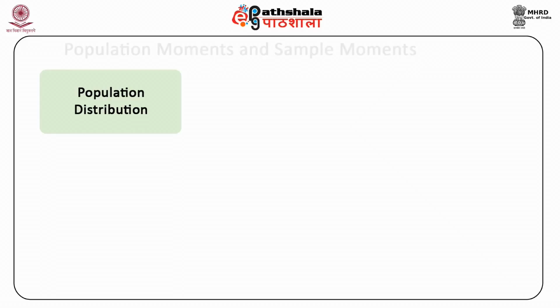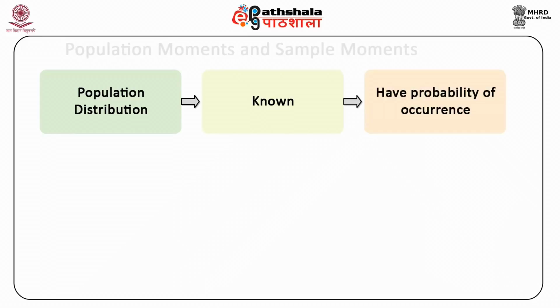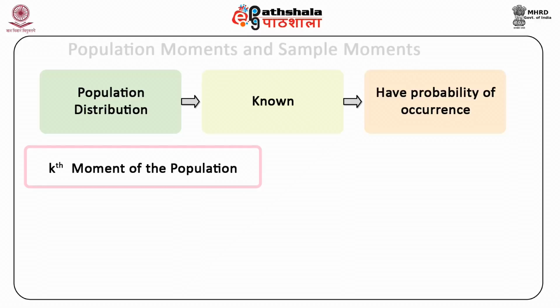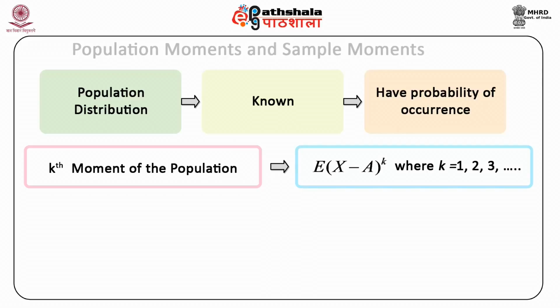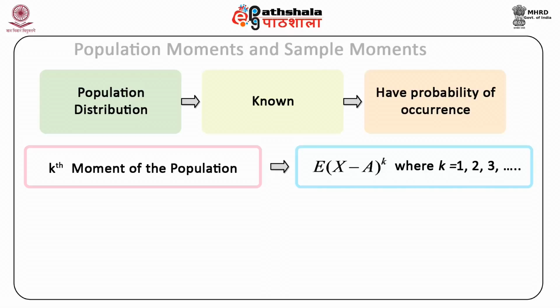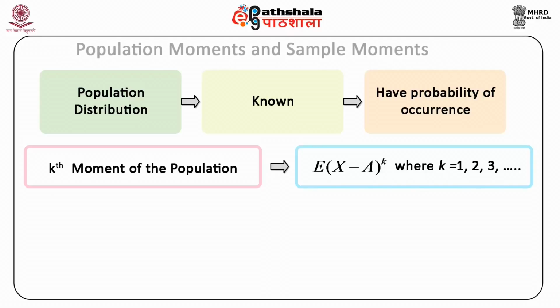If the population distribution is known, then we have the probability of occurrence of each population unit. The kth moment of the population about any arbitrary value A is defined as expected value of (X minus A) whole raised to the power k, where k can take values 1, 2, 3, any number.